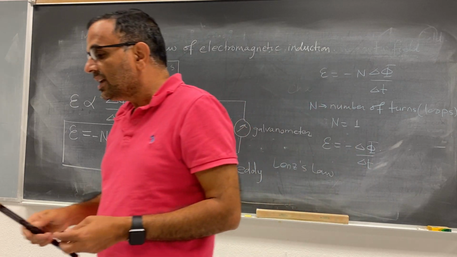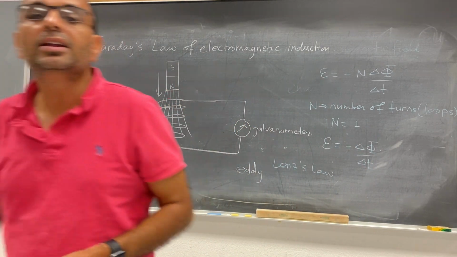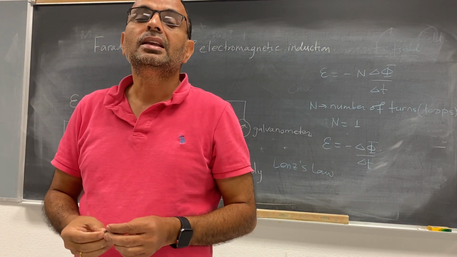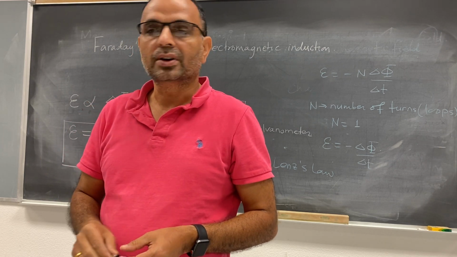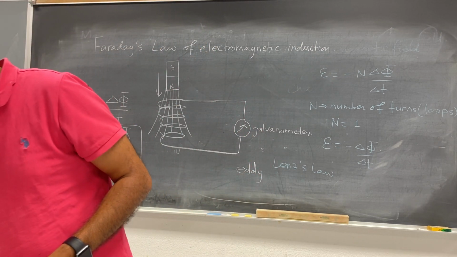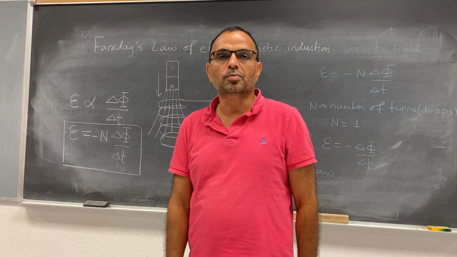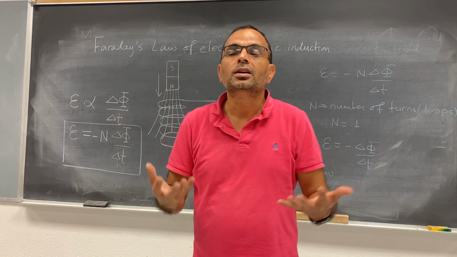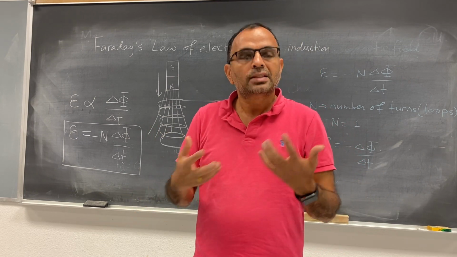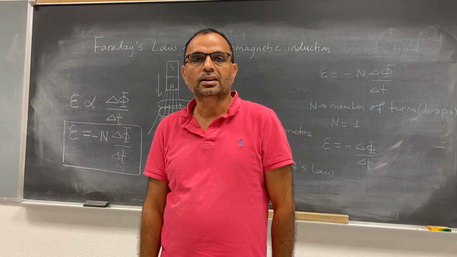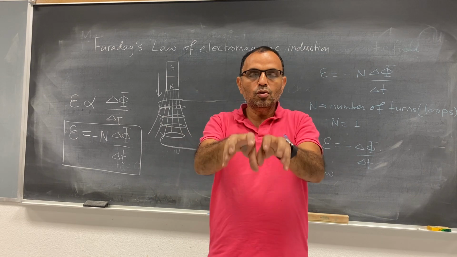So the rate of change of magnetic flux gives you the induced EMF. This induced EMF is proportional to the time variation of magnetic flux, and that is Faraday's law of electromagnetic induction. Simply, the hydropower dam is based on Faraday's law of electromagnetic induction. The water is moving there.